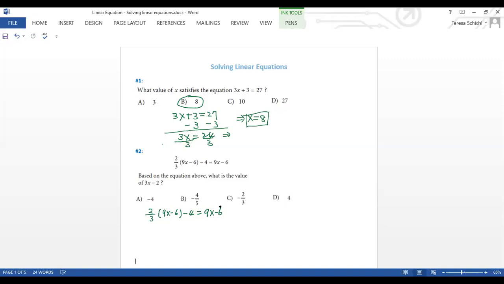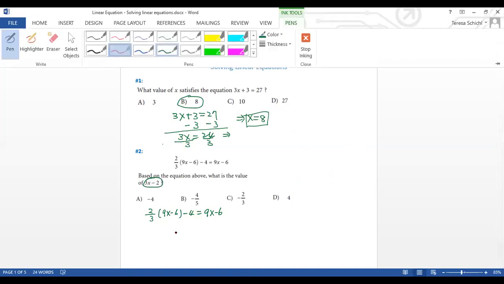But also, if you take a look at this problem, you can just multiply both sides by 3/2. But like I said, because the SAT is a timed exam, sometimes there are certain tricks you can use here. Here, they want you to find 3x minus 2, right?